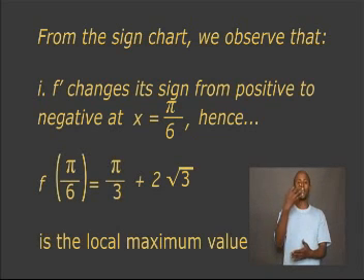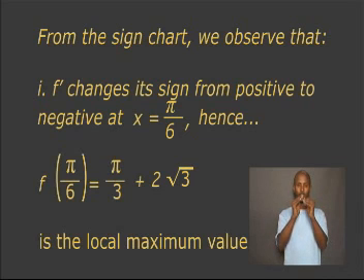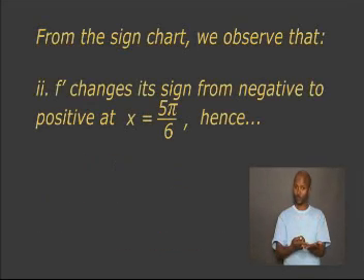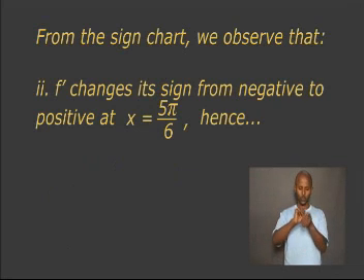Therefore, f of pi over 6 equals pi over 3 plus 2 times the square root of 3 is the local maximum value. In addition, we can see that f prime changes its sign from negative to positive at x equals 5 pi over 6.